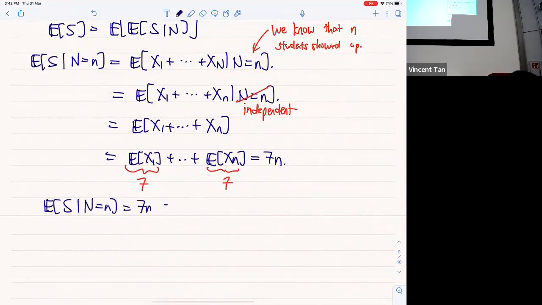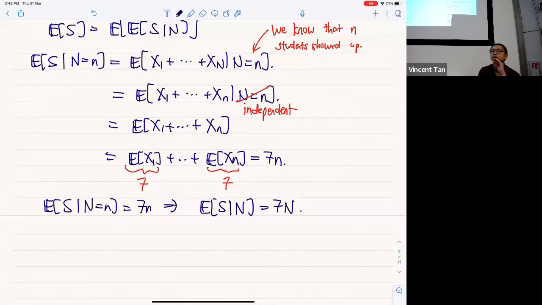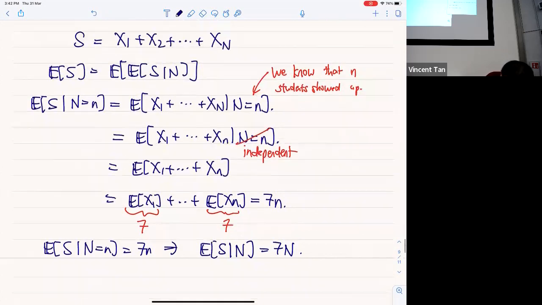So now, in conclusion, we have the expected value of the sum conditioned on N equals n is 7n. This implies that the expected value of S given the random variable N is 7 capital N. I'm just replacing the little n by capital N. We always condition on Y, but I can call it N. So now by the Tower property, or the law of iterated expectation, I will use this formula here.